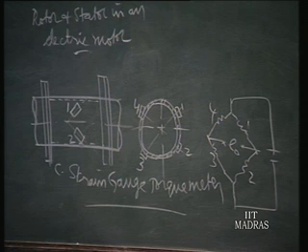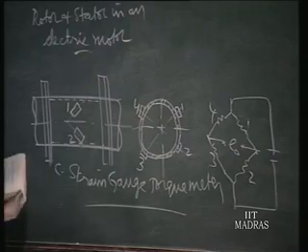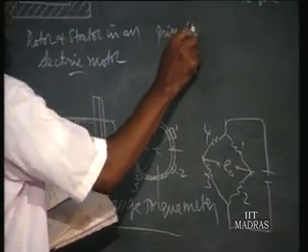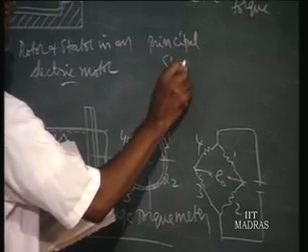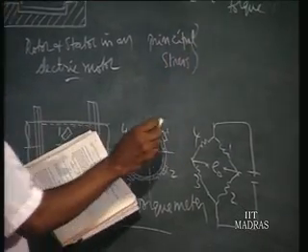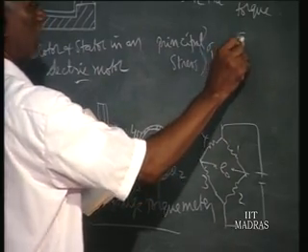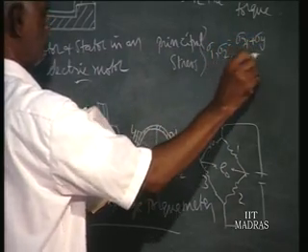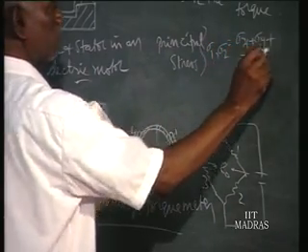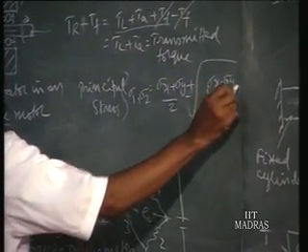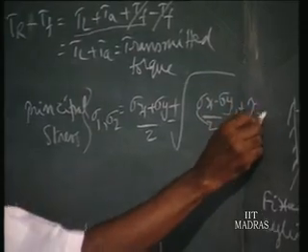Now, we know that when there is pure torsion, the principal stress or strain will be given by sigma 1 or sigma 2 equal to (sigma x plus sigma y) by 2 plus or minus the root of ((sigma x minus sigma y) by 2) squared plus tau xy squared.